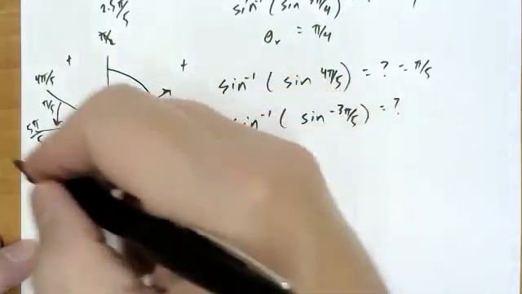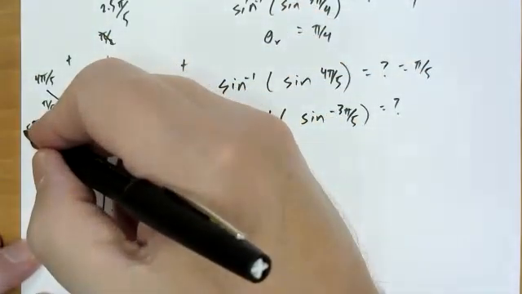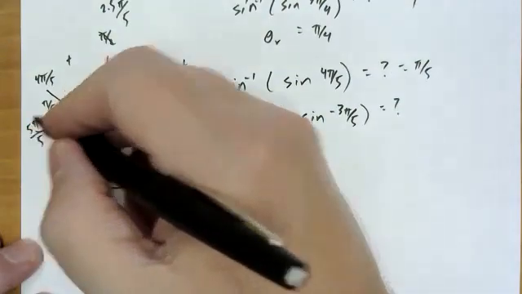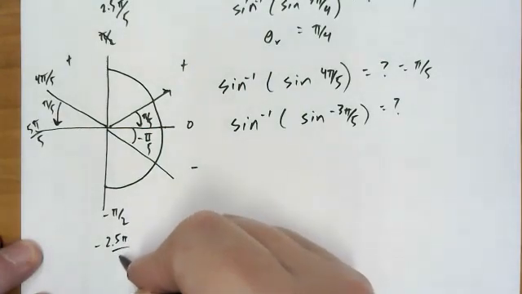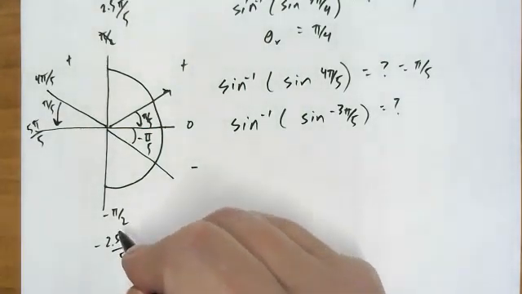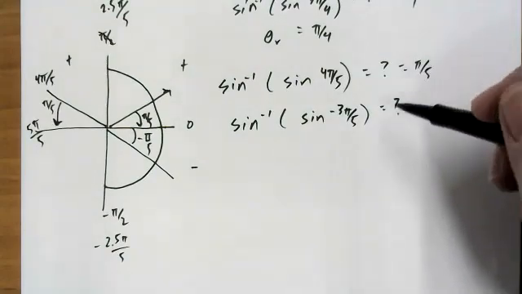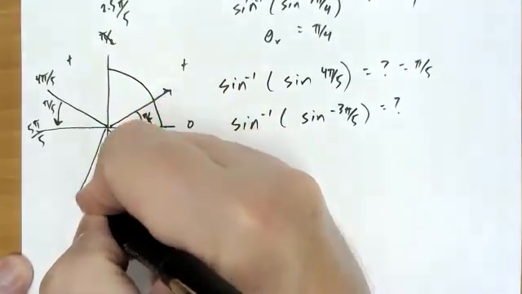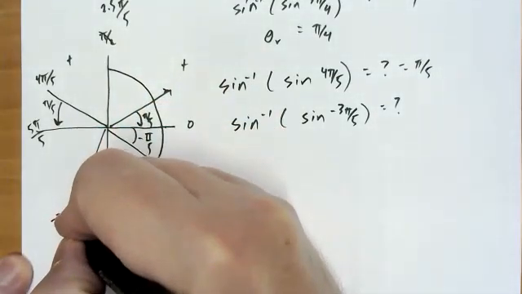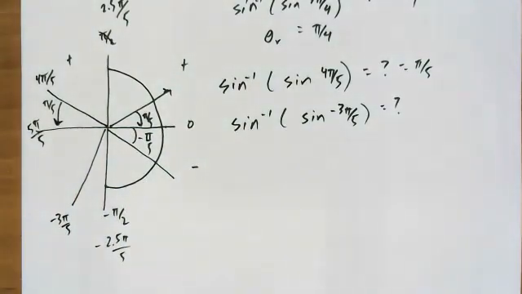Once again, if I think of it like that, 0 is here, negative 5 pi over 5 is here. Then here's negative 2.5 pi over 5. So negative 3 pi over 5 is maybe in here somewhere.